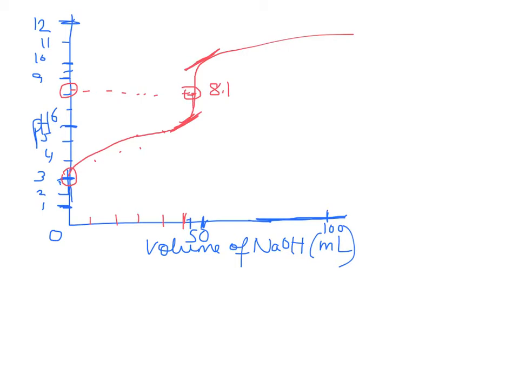And I'm seeing that the equivalence point is approximately 41 for this setup. The volume that has been added is about 41. And we said that this point where it started, let's call it point A, is the point where the pH is acidic and no sodium hydroxide has been added.